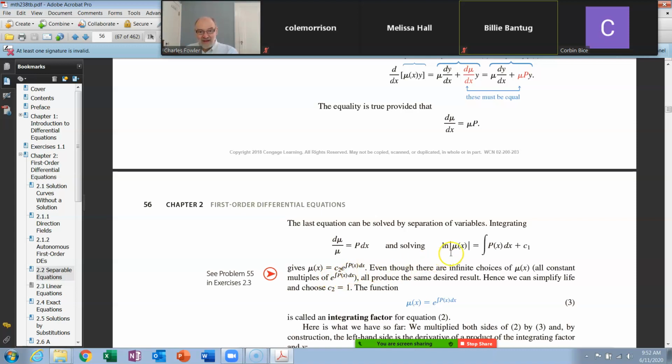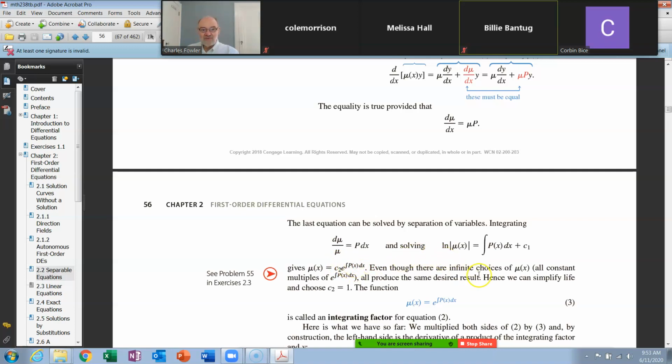And e to this integral, and this would be e to the c. Well, e to the c is just a constant. So let's make it a different constant and just multiply. So your μ of x becomes some constant c2 times e to the integral of p of x dx.